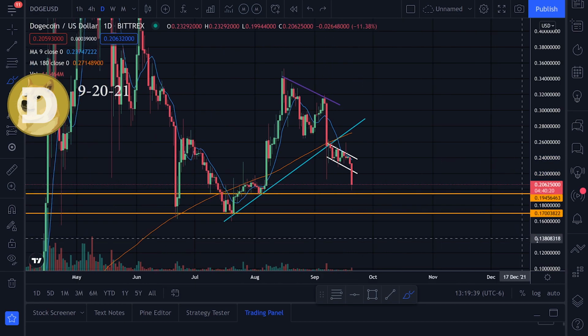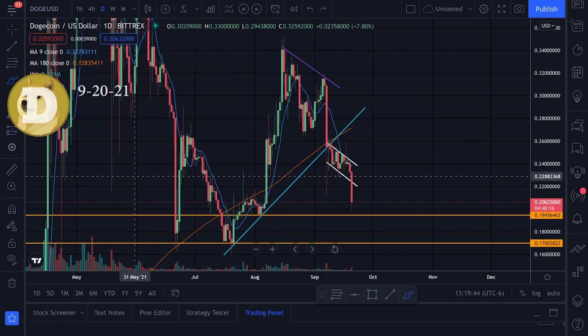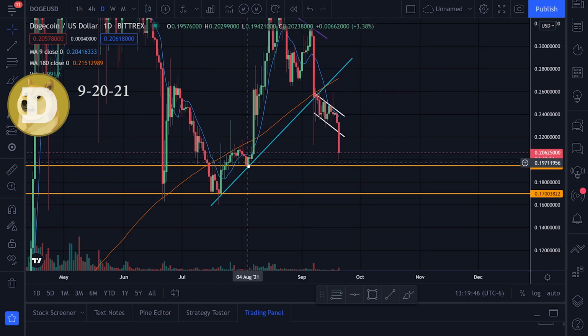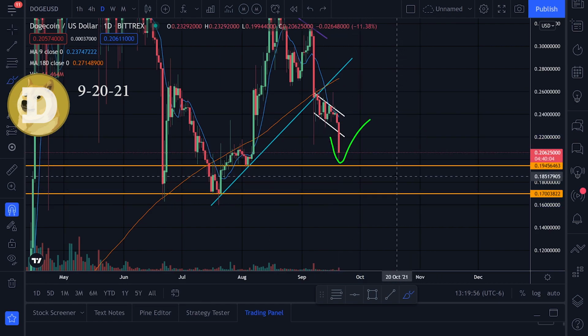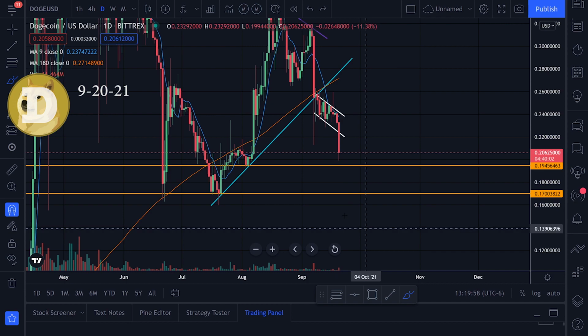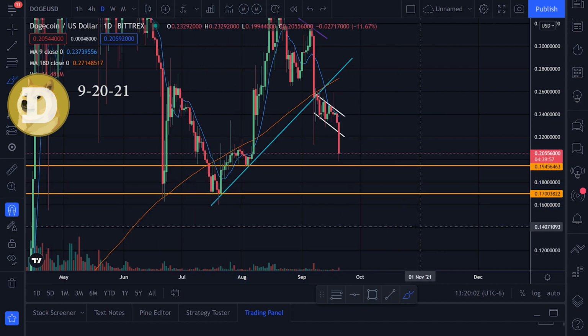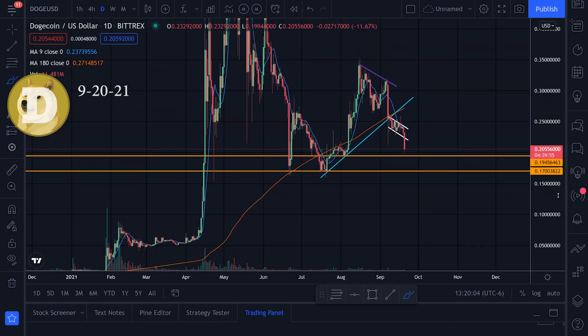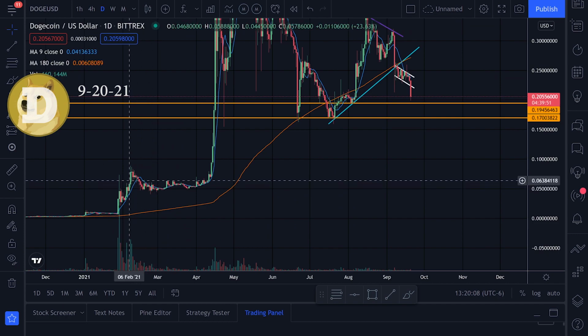I'm basically watching these previous support levels that I was talking about before. So I have limit orders set at around 0.195 and around 0.17, those two previous bottoms. Let's see if we could get support on these and get bounces, or if we're going to keep going lower. I think if we break this level to the downside right here, we're going to be looking at some lower lows, and we might have to look for previous support levels.